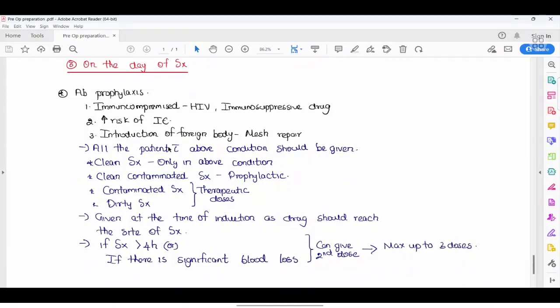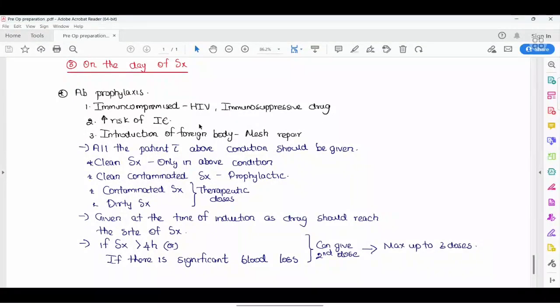According to the level of sterility, surgery can be classified, as we all know, into 4 categories: clean surgery, clean contaminated surgery, contaminated, and the dirty surgery. Clean surgery, for example thyroidectomy, is an area considered purely sterile.